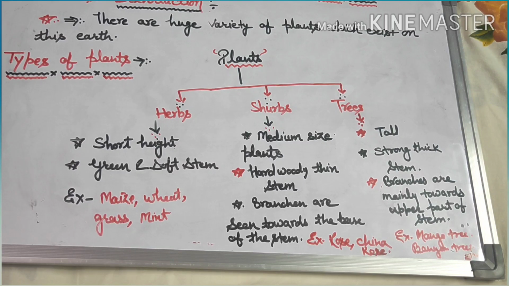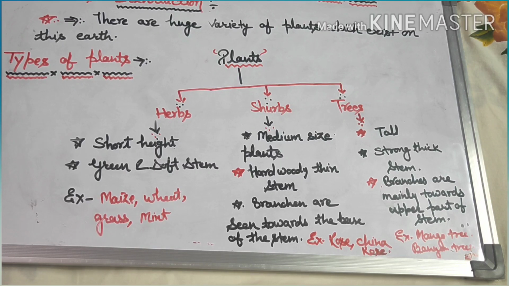Herbs have a green and soft stem, but shrubs have a hard, woody and thin stem. In herbs, branches may or may not be present, and in shrubs, branches are seen towards the base of the stem.